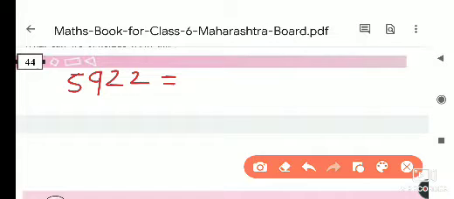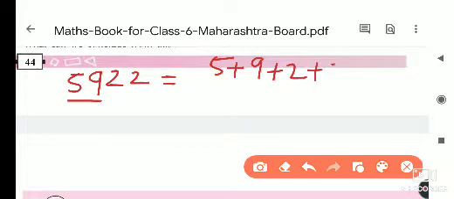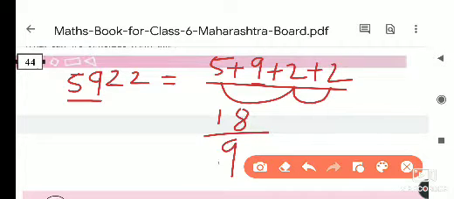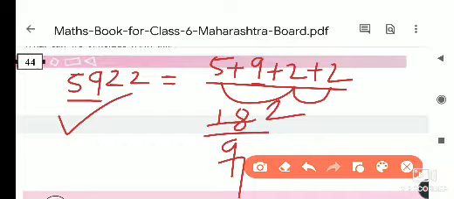If you add the digits, 5 plus 9 plus 2 plus 2: 9 is here, 5 plus 2 is 7, 7 plus 2 is 9, and 9 plus 9 is 18. So the sum of the digits of 5,922 is 18, and 18 is divisible by 9: 9 ones are 9 and 9 twos are 18. So this number is divisible by 9. In that way we have to find out whether a number is divisible by 9 or not.